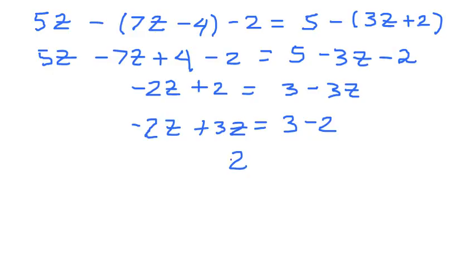And so we end up with z is equal to 1. Z is equal to 1. And you could say that the solution set is the set that contains 1 for this equation here.